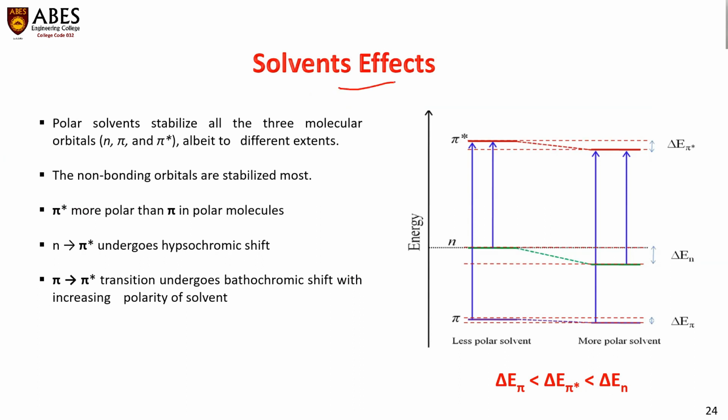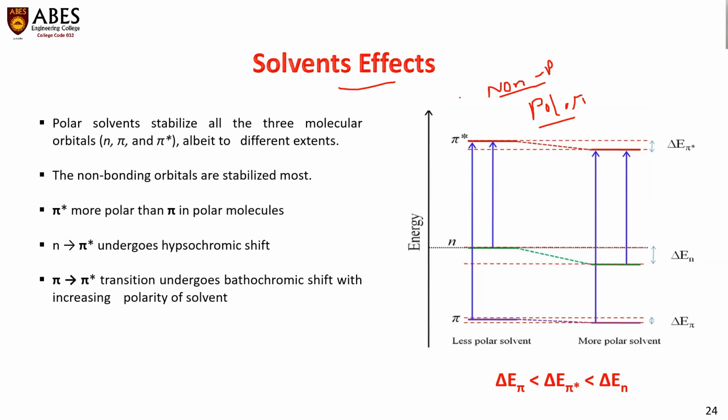Next is solvent effect. When we record the UV visible spectra of a compound, we dissolve it in a solvent. It can be non-polar or polar.